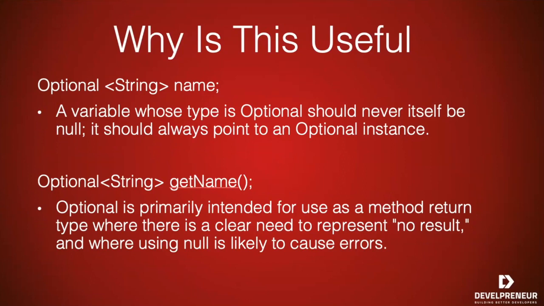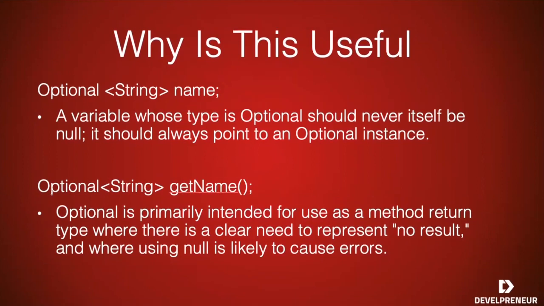But Optional in and of itself handles the null. So Optional basically says, okay, name is optional, meaning name might not have a value. In this particular case, name's not going to return null, because the Optional class has some methods that handle how we do null pointers or null checks.